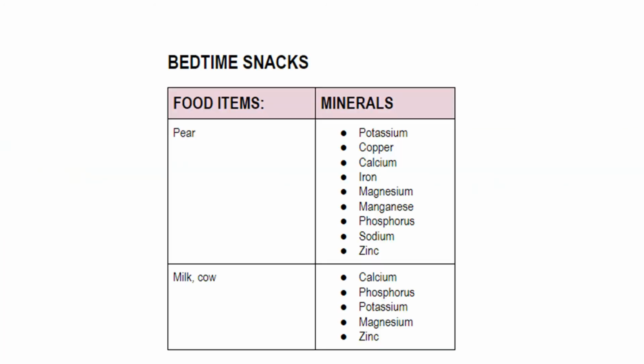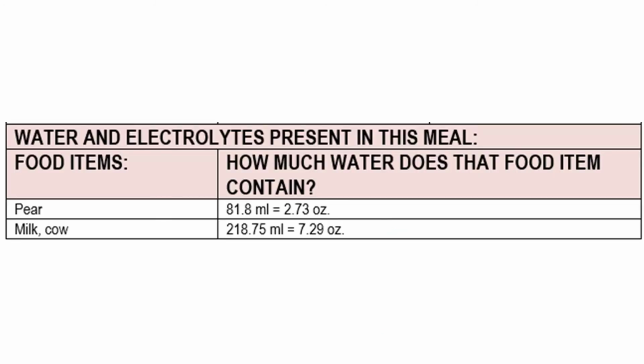The micronutrients present in this meal for the pear are the minerals potassium, copper, calcium, iron, magnesium, manganese, phosphorus, sodium, and zinc. The water and electrolytes present in this meal for the pear is 81.8 milliliters or 2.73 ounces. For cow's milk is 218.75 milliliters or 7.29 ounces.